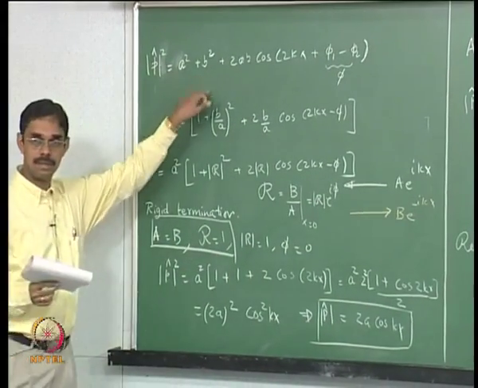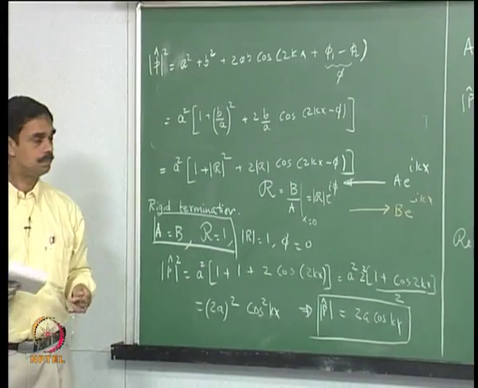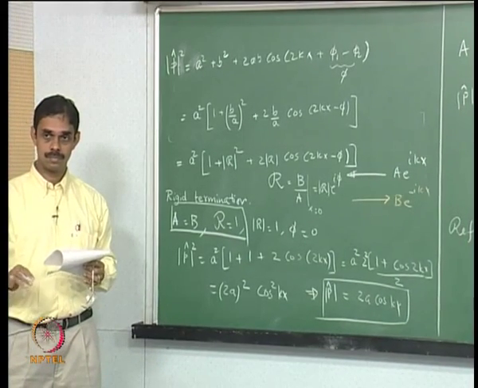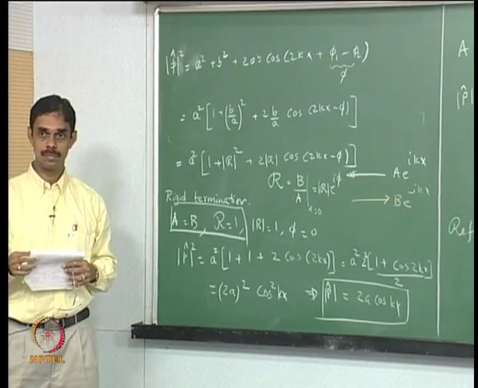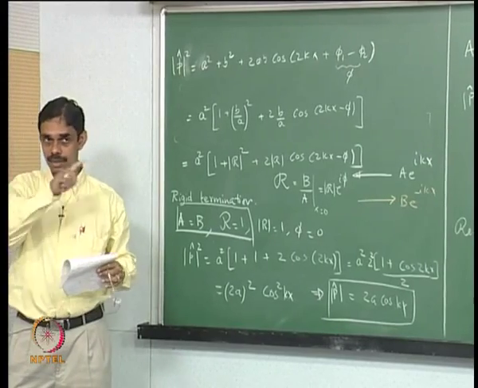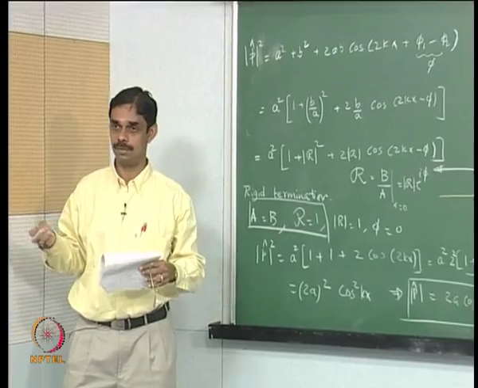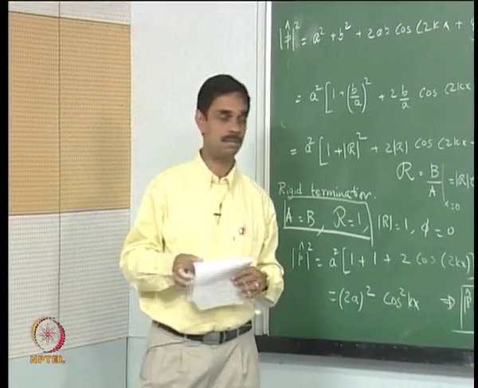What happens when B is 0? It's a progressive wave. So you don't have this standing wave pattern, but it will just be constant amplitude. So it's a traveling wave, when B equals 0.